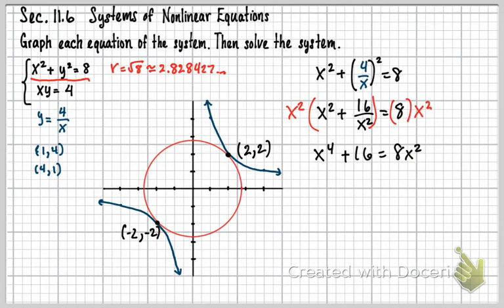Now I'm going to move that 8x squared to the other side and put it in descending powers. So this is x to the 4th minus 8x squared plus 16 equals 0. I don't know if you know this, but there's a rule when I see these powers this way. This is a 4th power, that's a 2nd power, and this is a number.